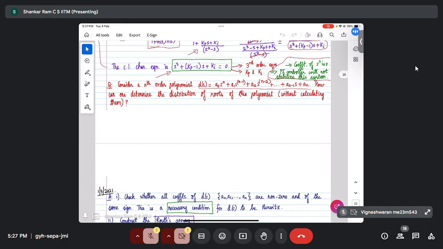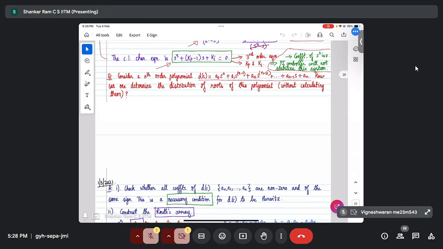We identified that the problem in general boils down to considering an nth order polynomial of this form. The question arises, how can one determine the distribution of the roots of this polynomial? Because for closed loop stability, we need all the closed loop poles in the left of the complex plane. So this is the question which we pose, and this is where we stopped. So let's continue from here.